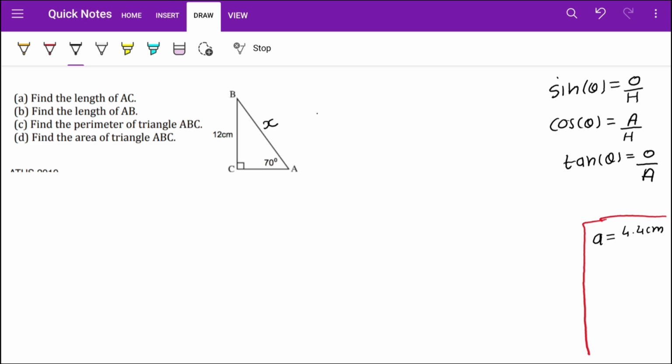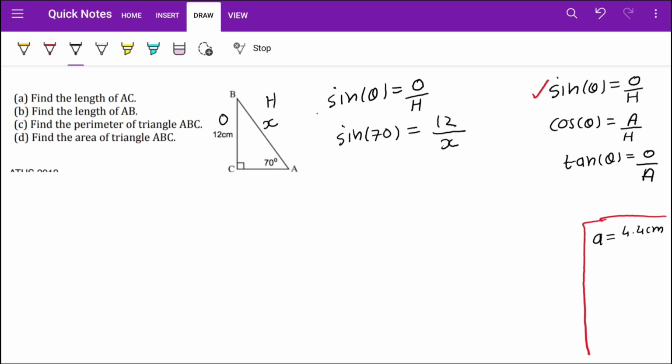So we are given O and we want to find the hypotenuse, so that means O and H. So it is going to be sine theta, right? So sine theta is equal to O over H, and theta is going to be 70, so sine 70 equals, O is given by 12, H is given by x.